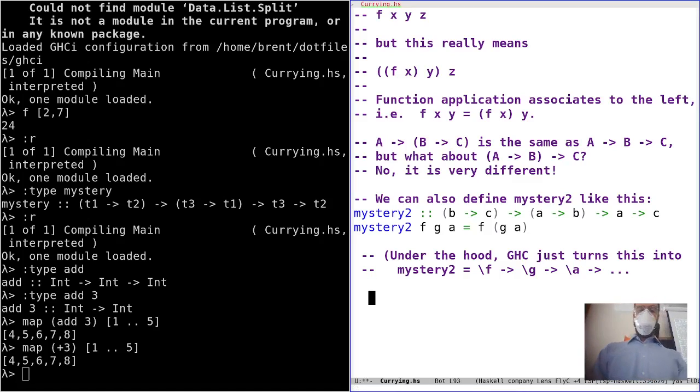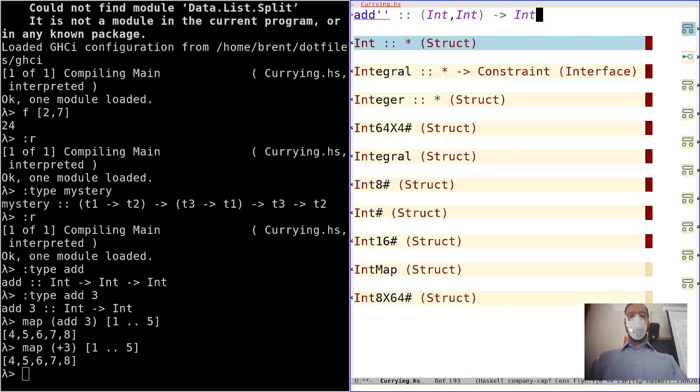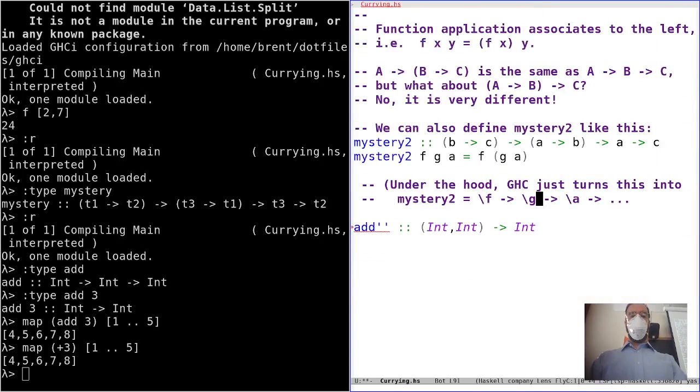Here's one other thing I can say. I'll make another add. So if you want to actually think about multi-argument functions, another way you can think about it is, of course, Haskell doesn't really have multi-argument functions. It only has single argument functions. But the single argument could be a tuple, for example, right? So you could define add like this, right?